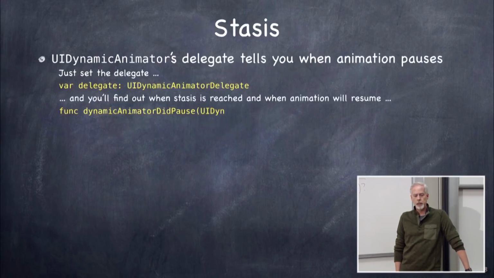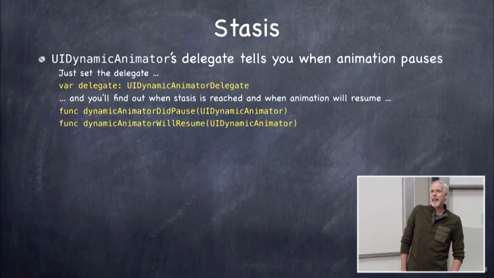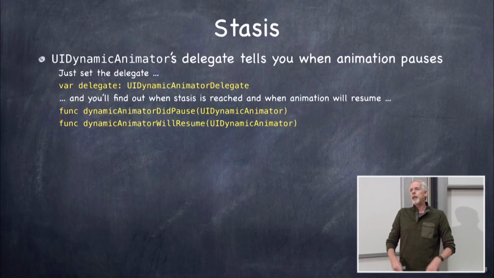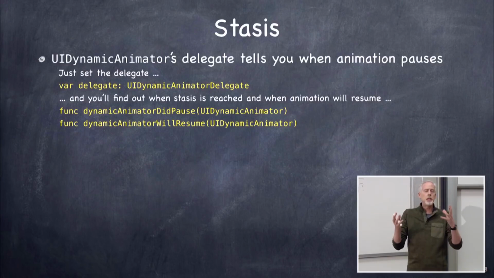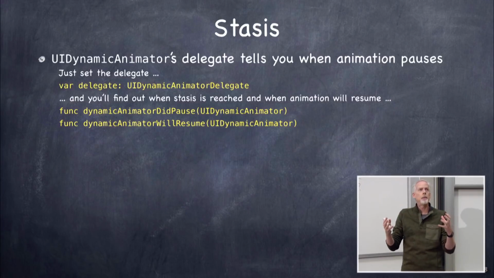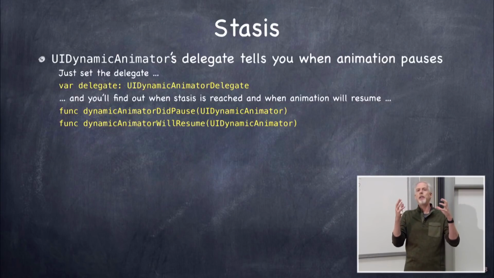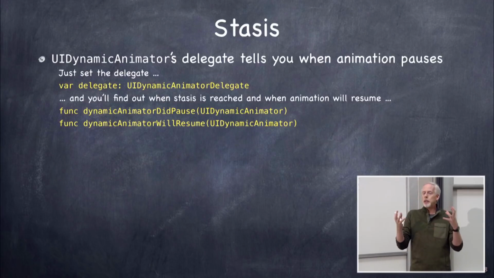All right? Finally, I'm going to talk about stasis of the animator. Most of the time we design these animation mechanisms, with all the gravity and collision boundaries and physics, in a way that we expect it to come to a stop. And then maybe a push happens and it goes active again, and then eventually it comes to a stop. Most of the time, it's not required. You could have a thing just constantly going all the time, but usually you push it and it comes to a stop.